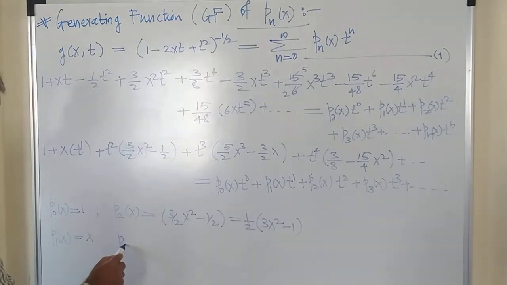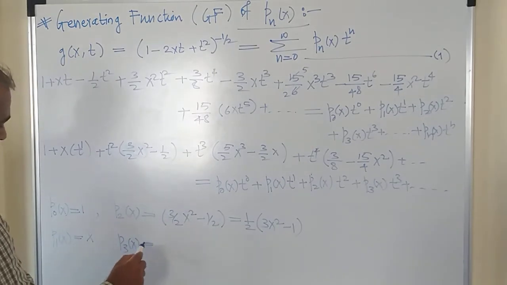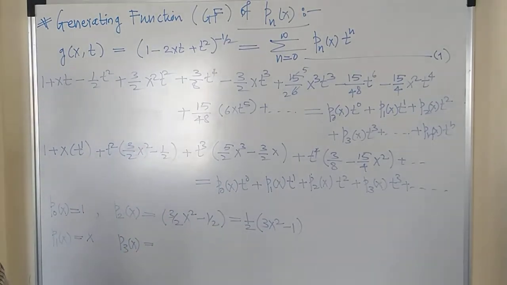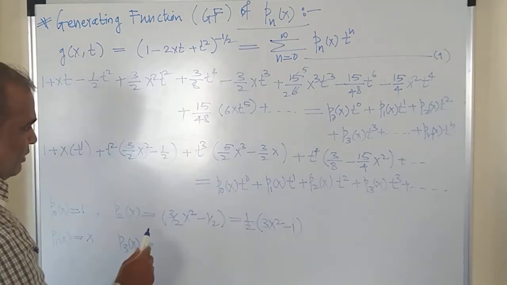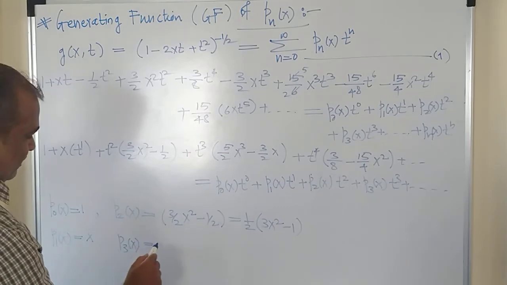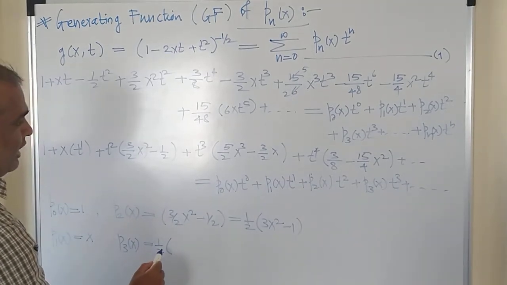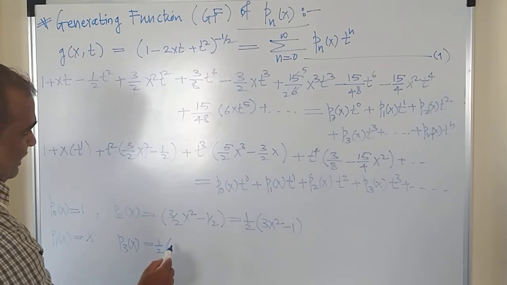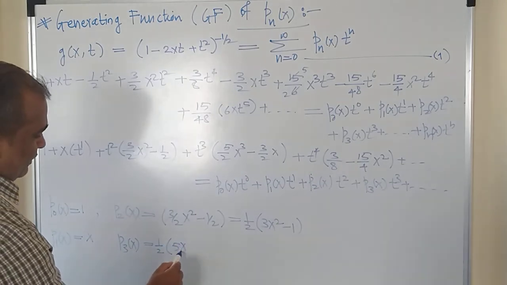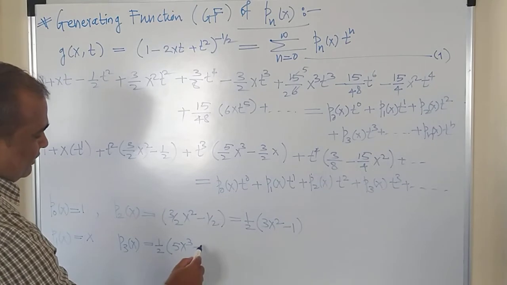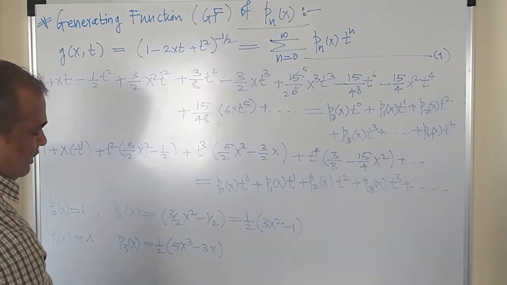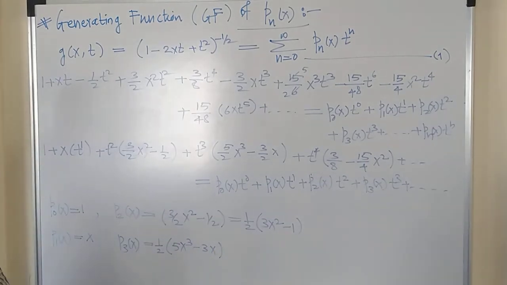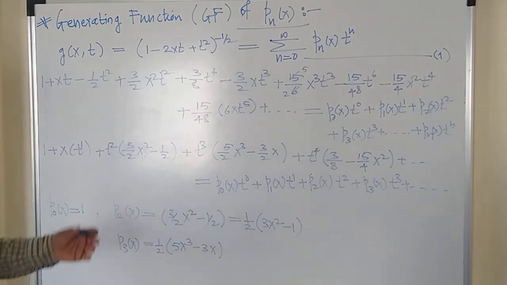And p3 of x is the coefficient of t cube. So t cube coefficient is equal to this. You can take out half common here, and inside the bracket you will get 5x cube minus 3x, or even you can take x also common. So these are the first few polynomials.